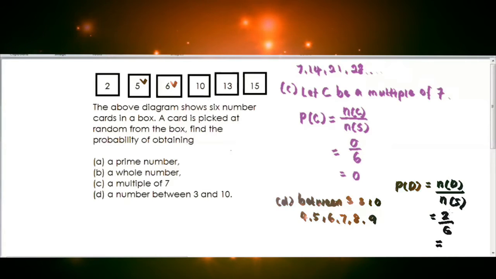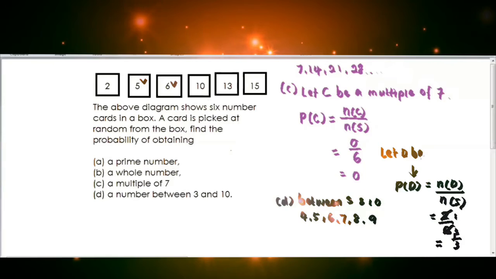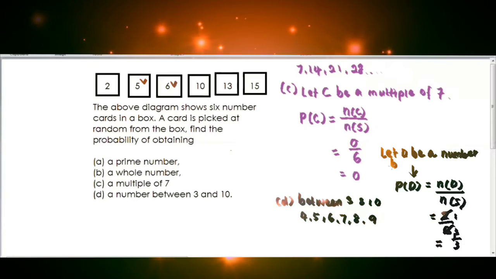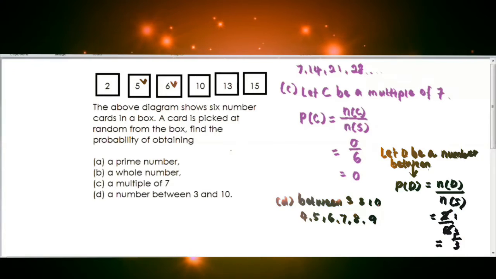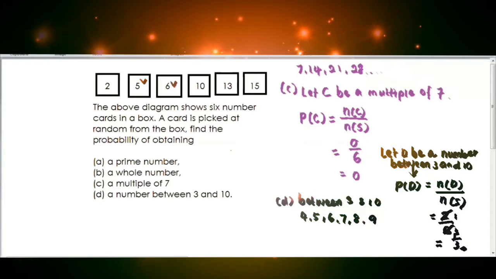Simplify it, so I will get 1 over 3. We need to explain what D is. Therefore, let D be a number between 3 and 10. So this is the final answer.